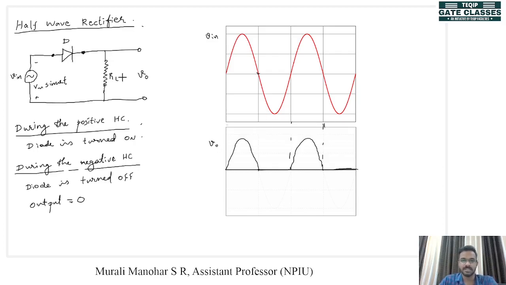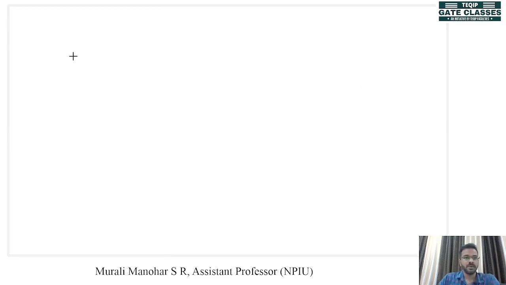We have already seen this in series clippers, so you are familiar with the circuit. Now we need to find the performance parameters of this circuit. So this is what the output looks like.